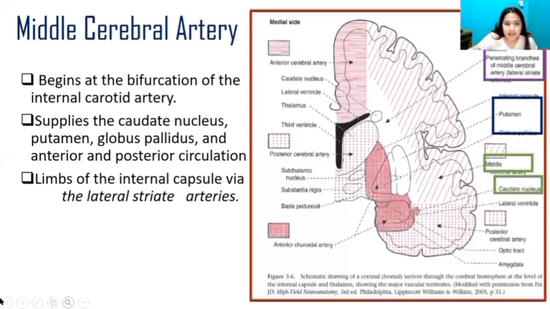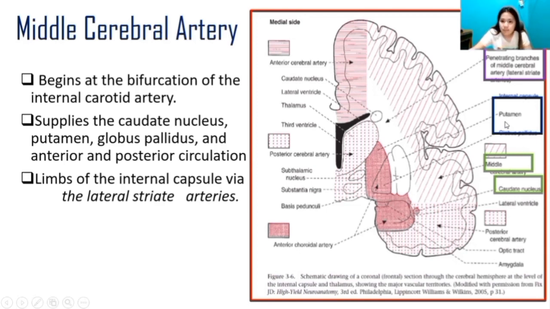So here is another picture. This structure is the medial side. Here is the posterior cerebral artery, and here is the anterior choroidal artery. So we can see here, from the posterior cerebral artery, makikita po yung middle cerebral artery and the caudate nucleus.